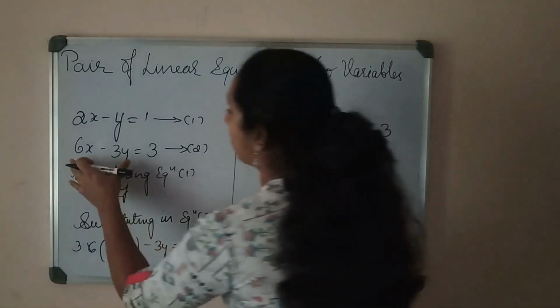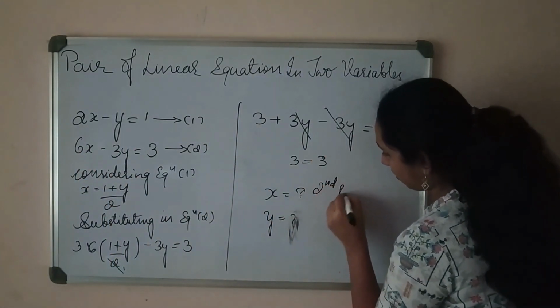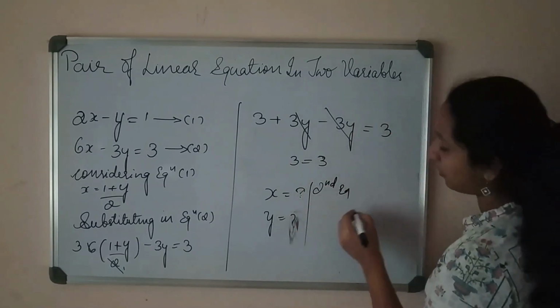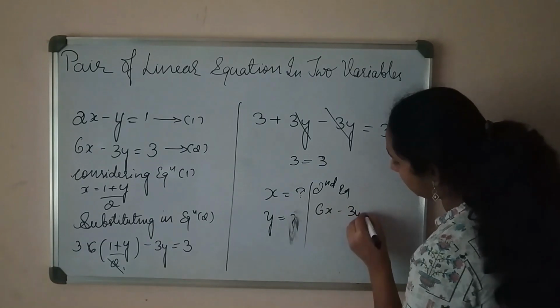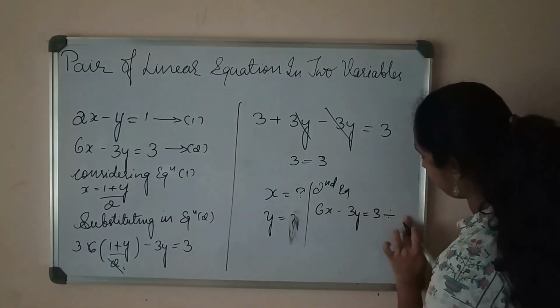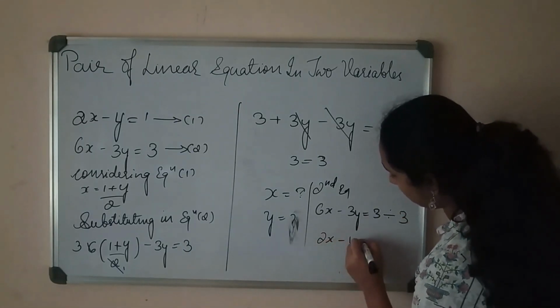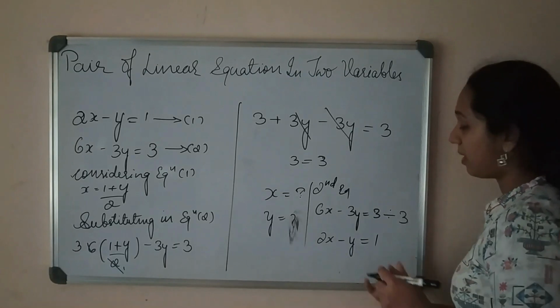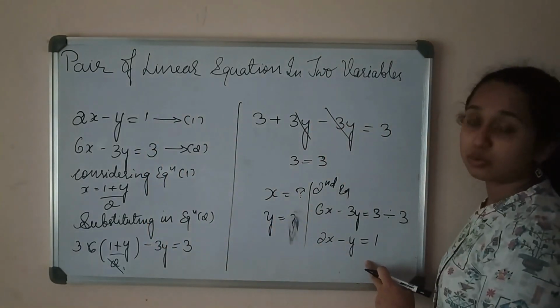We'll see one more thing. If I consider the second equation, it is nothing but 6x minus 3y is equal to 3. If I divide it by 3, I'll get 2x minus y is equal to 1. Now, there is no difference between equation 1 and equation 2.